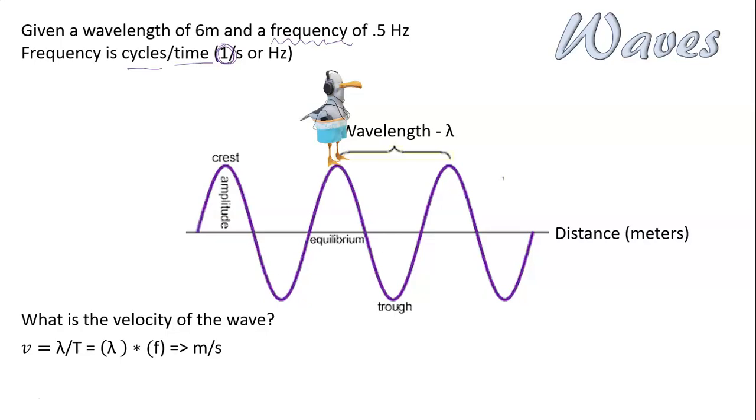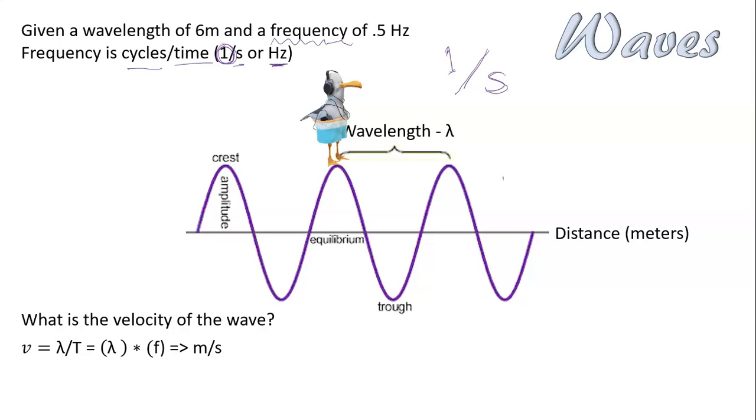It's just what's taking place. So a whole cycle is taking place over seconds. So it's 1 over seconds. So hertz is how we measure it in the SI units, but hertz is literally just the same thing as 1 over a second.